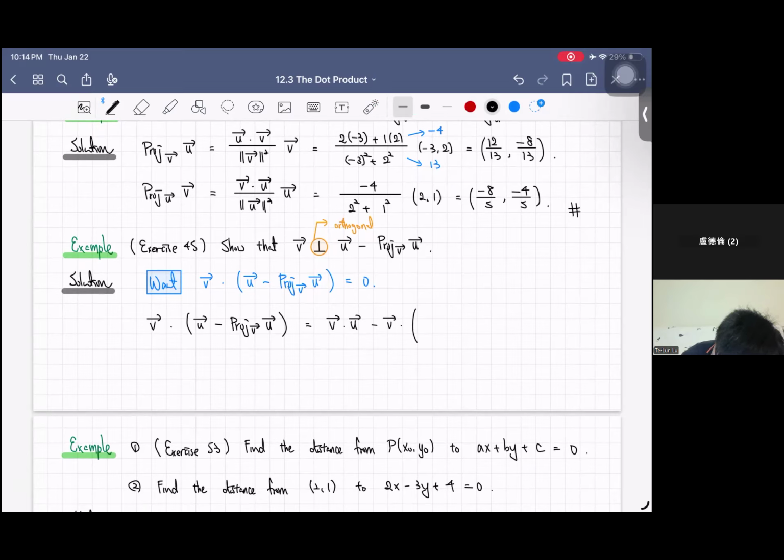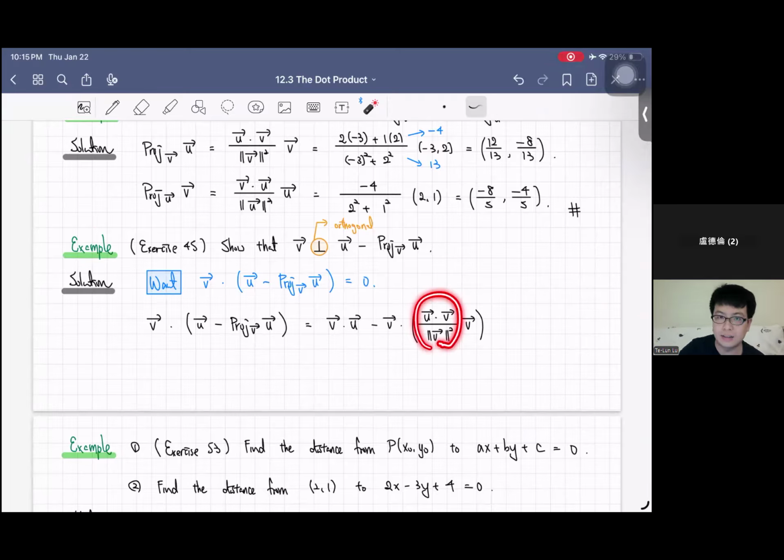But that is given by the formula u dot v divided by v squared, and then you have v here. Don't forget, this guy is a scalar, so this scalar is inconsequential to the dot product.